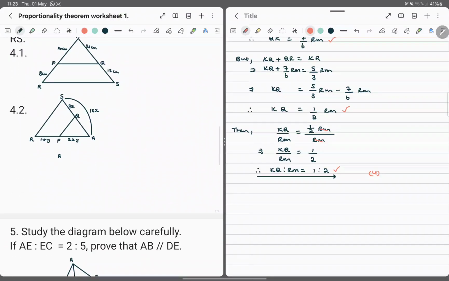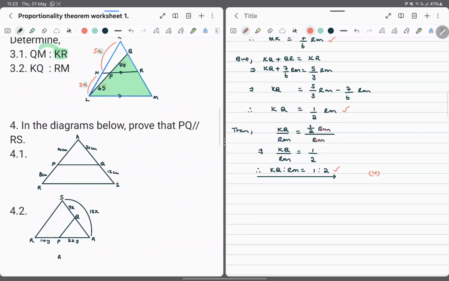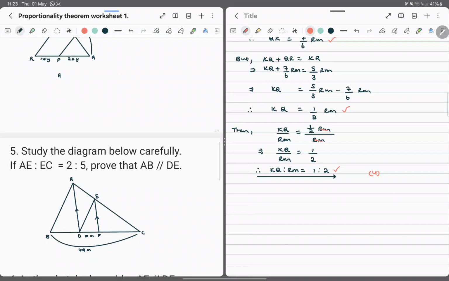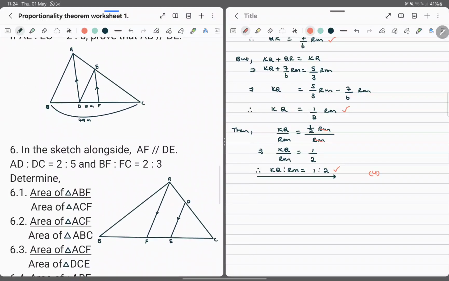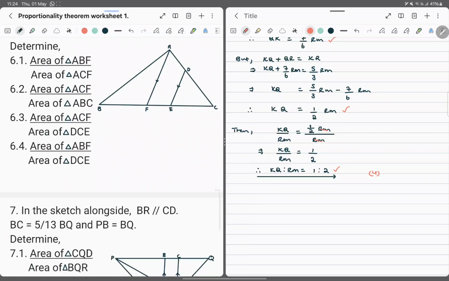There's many questions that apply the same theorem. Sometimes these ones use the converse, essentially the converse of the proportionality theorem. So be in a position to use it and to answer questions. I think this one, because we have the ratios nicely given, it's a very easy question for students to do.